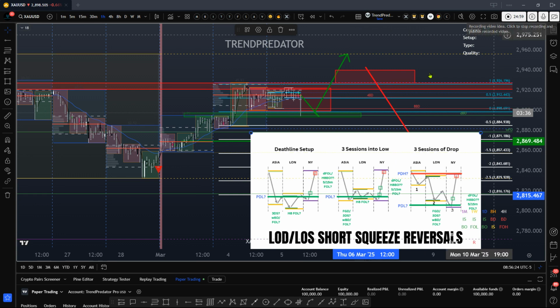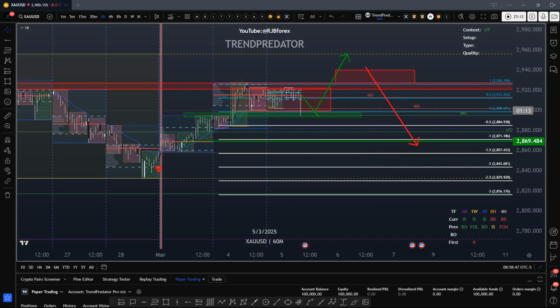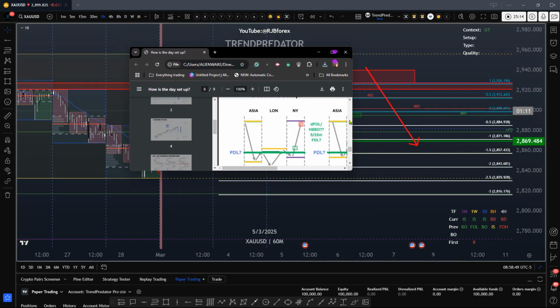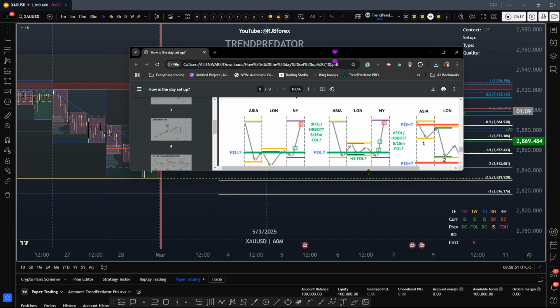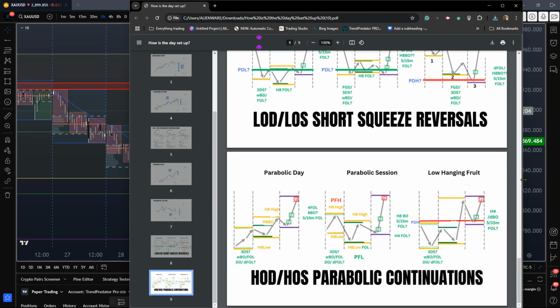So for me today, instead of looking for reversal trades to the upside, I need to be looking for continuation trades to the upside. So what do they look like? If I move over this PDF, this would be my go-to continuation.